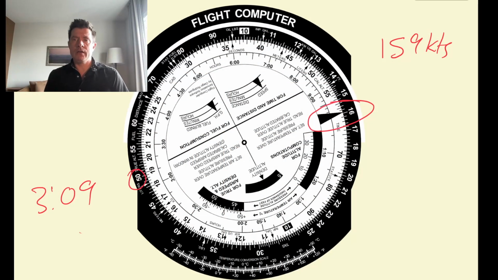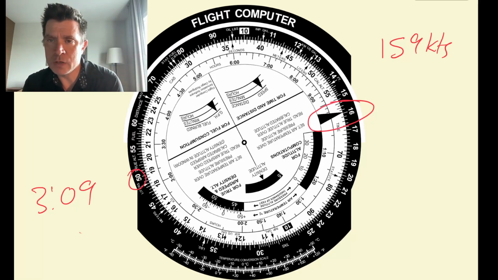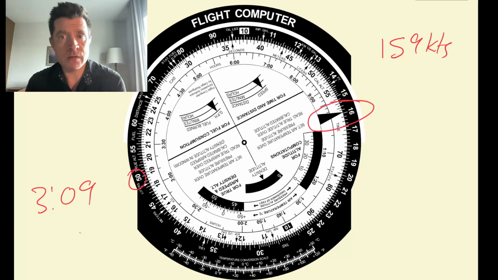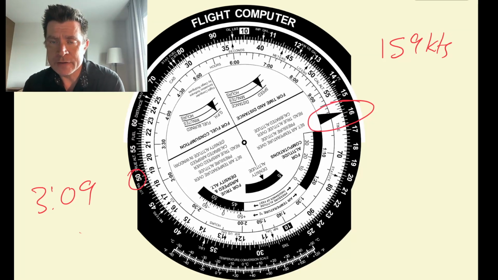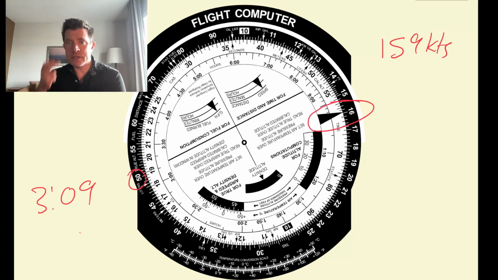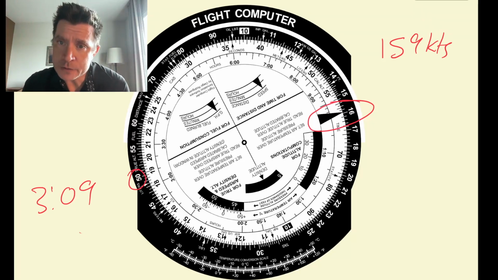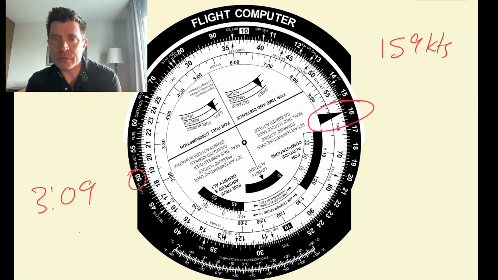I already did the figuring for you, and if you're not 100% on this, what you're going to do is put your ground speed on 159. There is no 159, there is a 16, which you add a 0 to, that's 160. So just back it off a hair off of 160, and then you're going to find your distance, which is 500 nautical miles. As you see, there's no 500 nautical miles, so we're just going to use, you guessed it, 50.